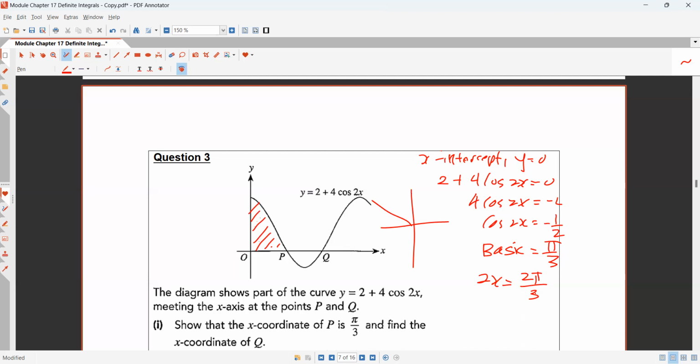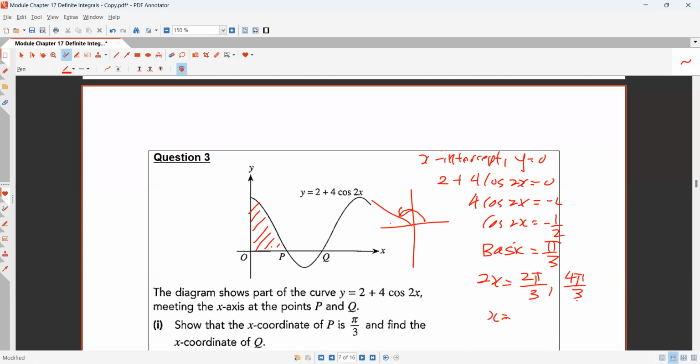This is the basic angle in the first quadrant, so if you want the one in the second quadrant, you want this angle. That's why you use pi, because 180 degree minus the basic angle. What's the other one at the third quadrant? Pi plus pi over 3, you get 4 pi over 3.